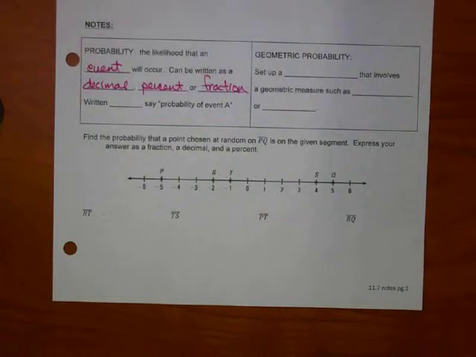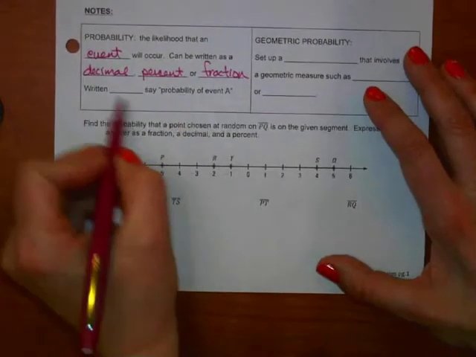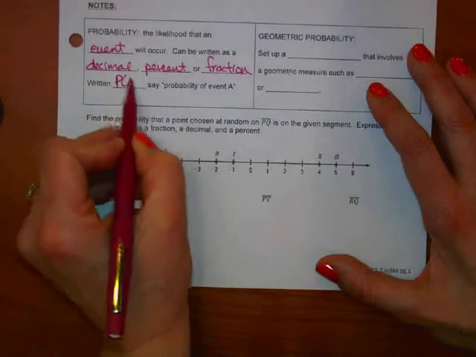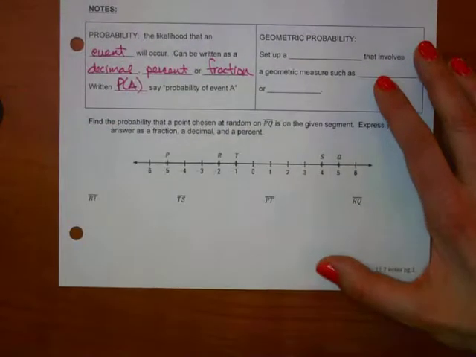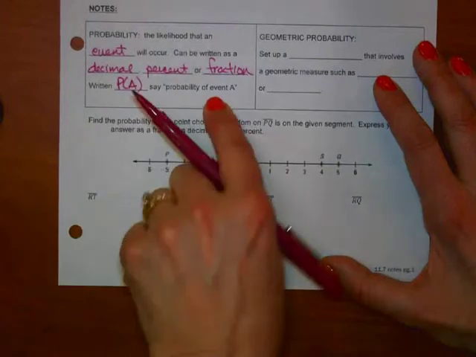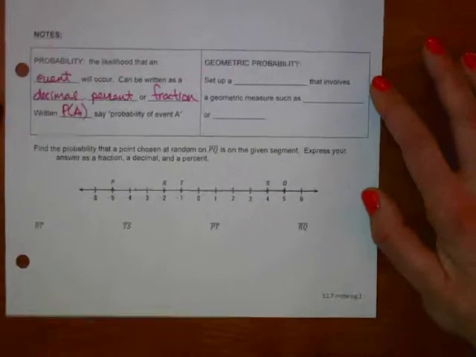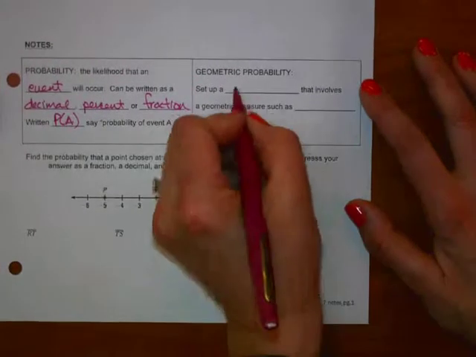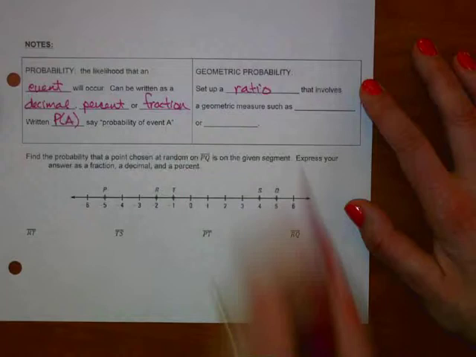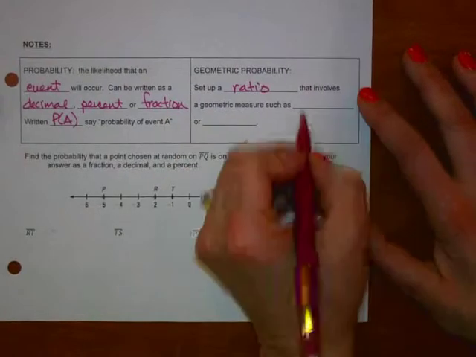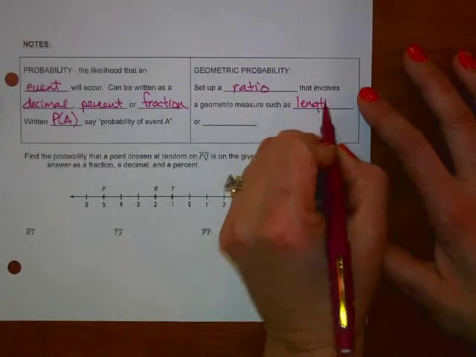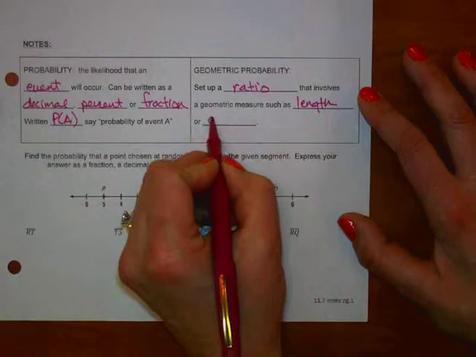All right. So sometimes you'll see it in the book as the probability of A. And when you see that, they're saying the probability of event A occurring. Now, for geometric probability, you have to set up a ratio that involves a geometric measure such as length or area.